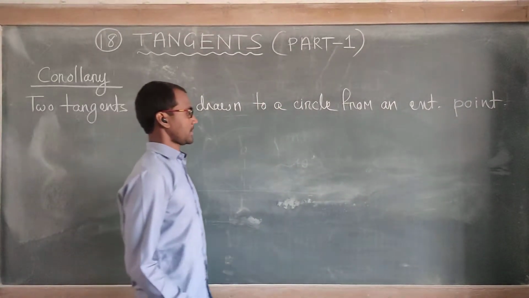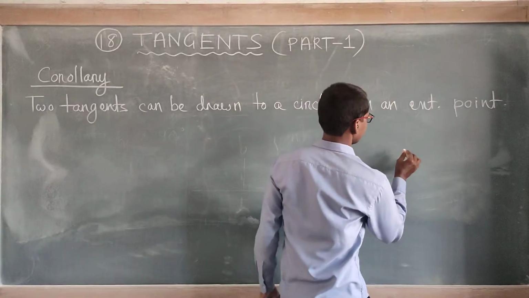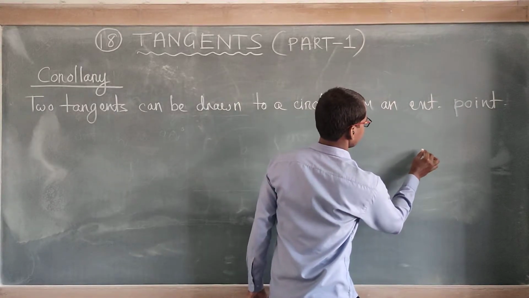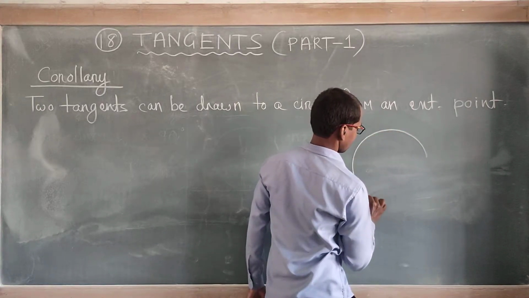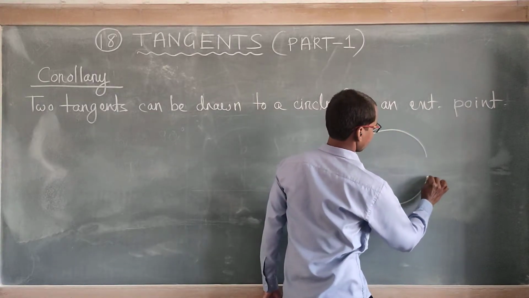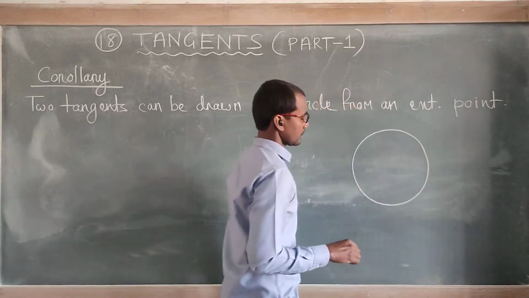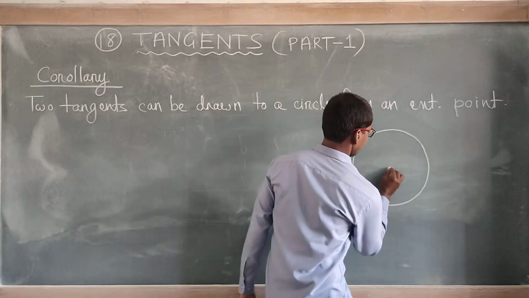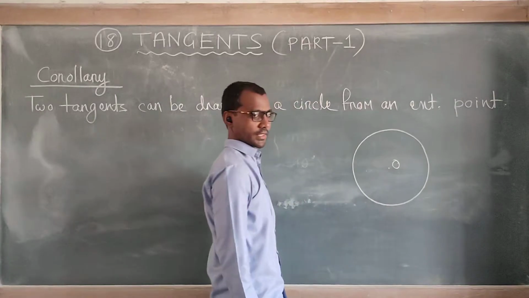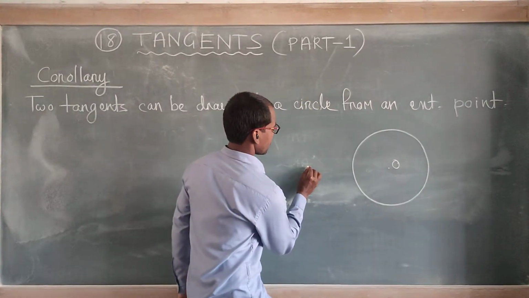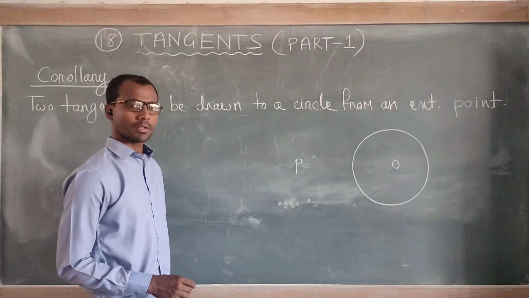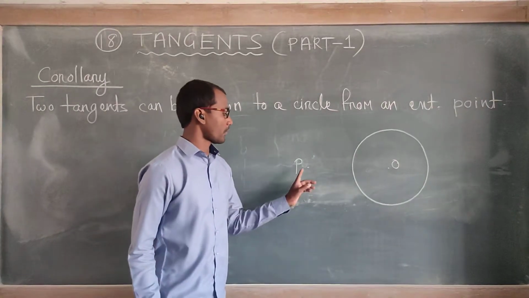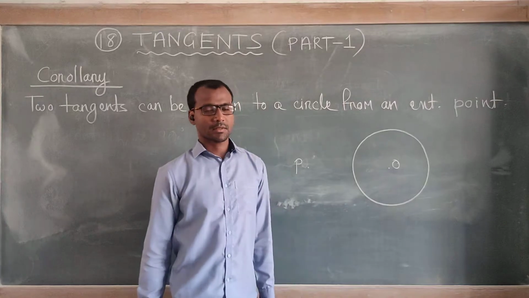Let me explain this. This is a circle. Suppose O is the center. We will take an exterior point P. Now from this point we can draw two tangents.